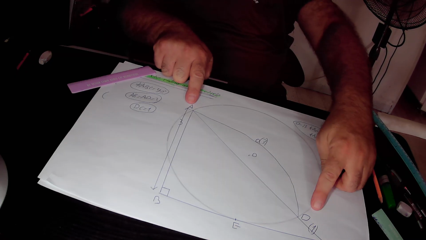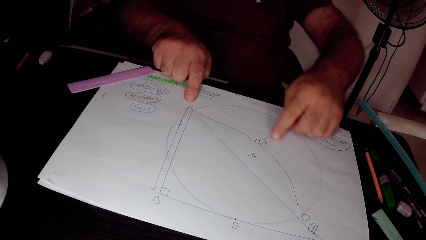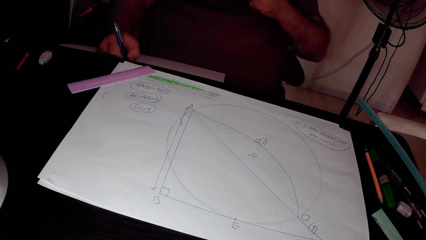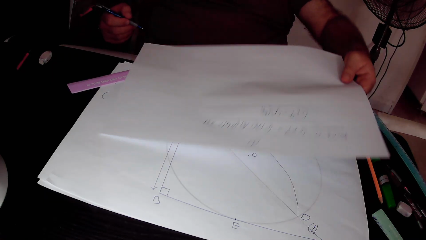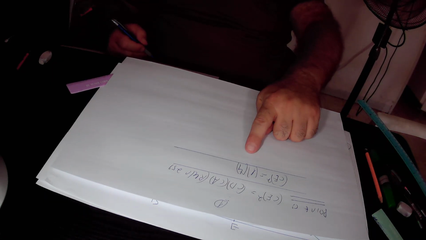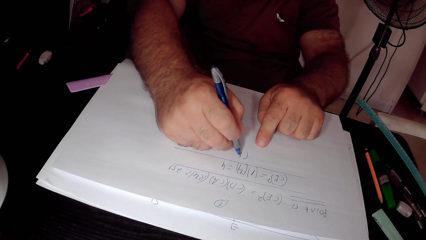CA in total is CD plus DA. That is to say, CA equals 1 plus 3, that is 4. So in total, we find that according to rule 25, CE square equals 1 times 4, that is 4. So CE square equals 4.